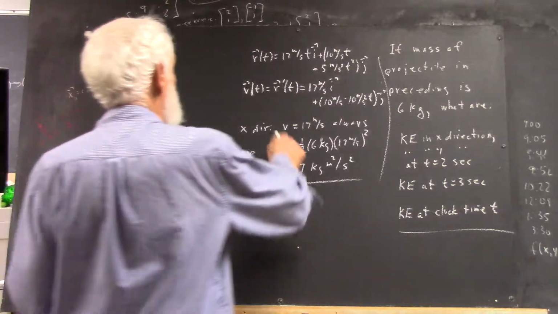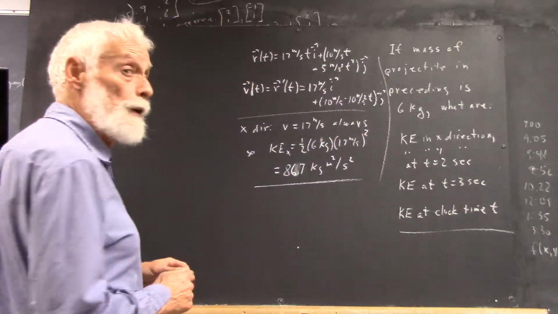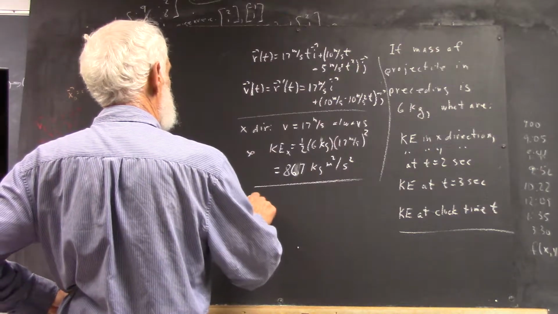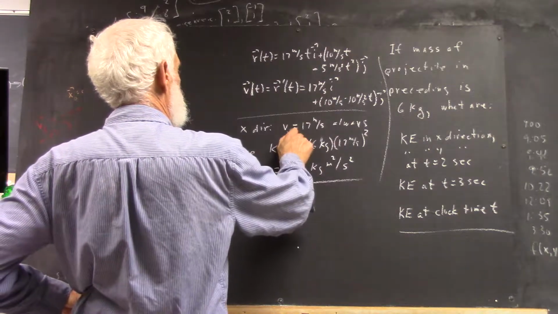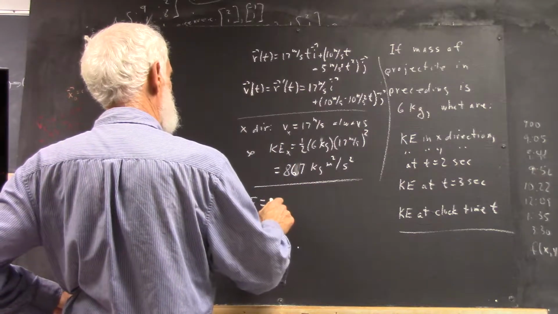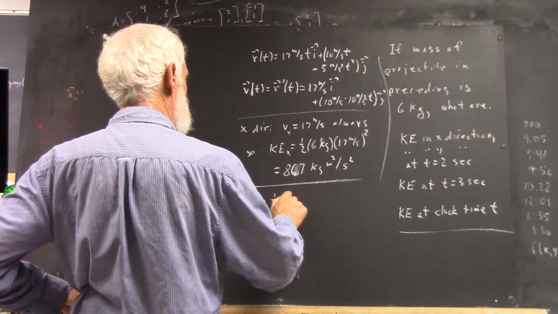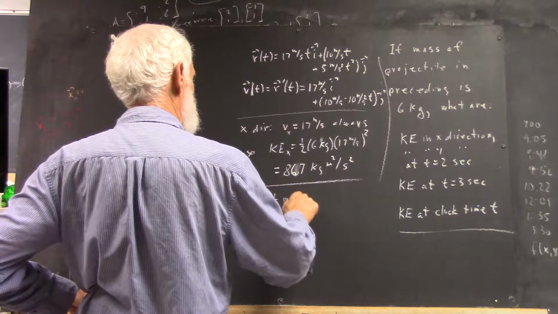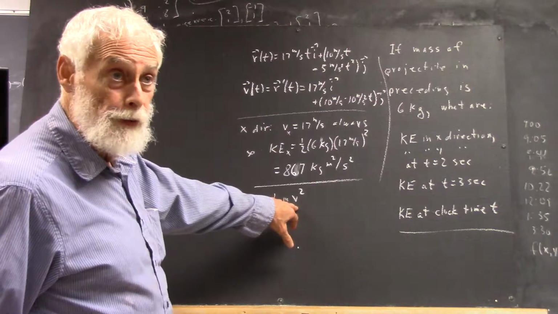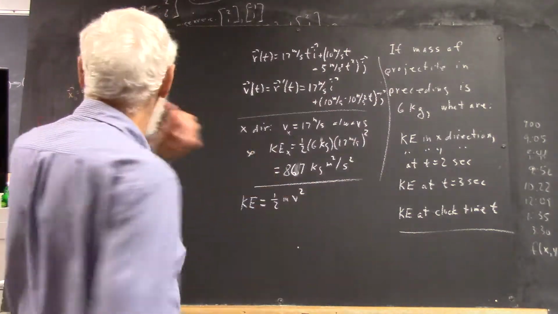Now, to calculate the kinetic energy at any point, kinetic energy is always 1/2 mv squared. What's v?